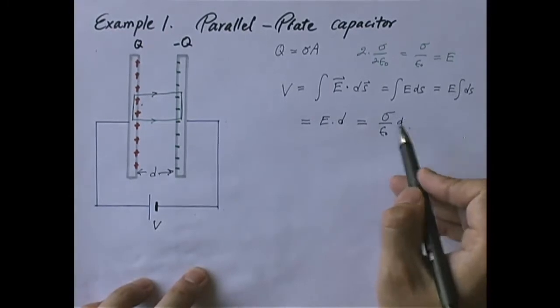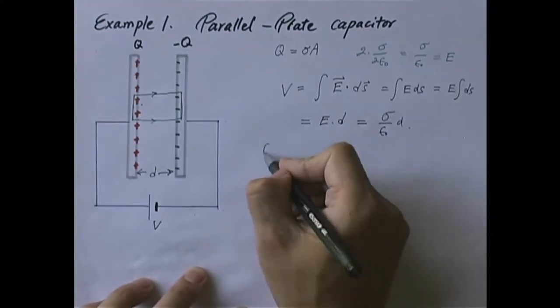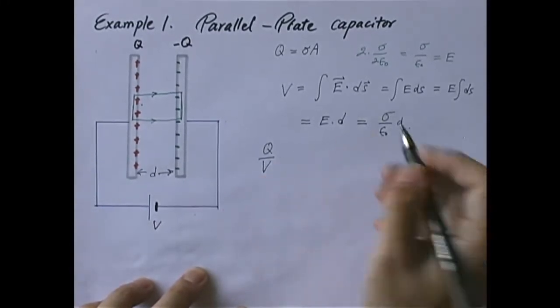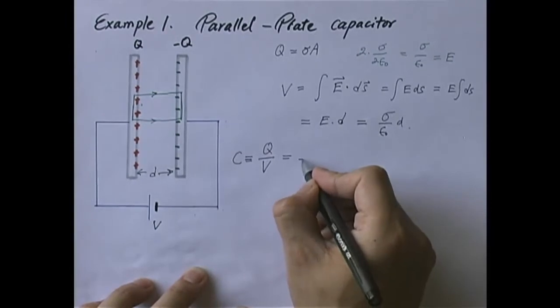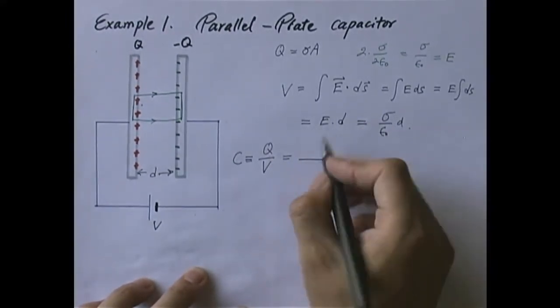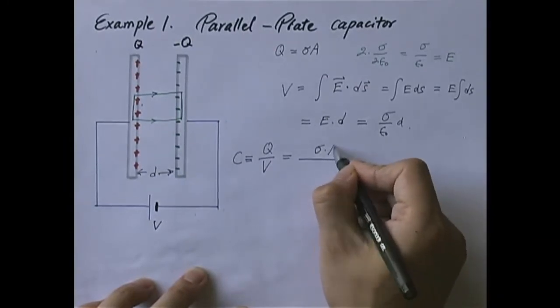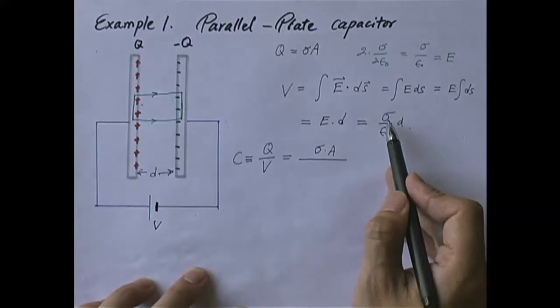This gives us V. Okay, and what do we do next? Well, let's take Q over V, because that's what we want, right? We want to know C. That's defined as Q over V. Q itself is sigma times the surface area A of each plate. The reason why I want to do that is because there is a sigma here, so I want to cancel that out.